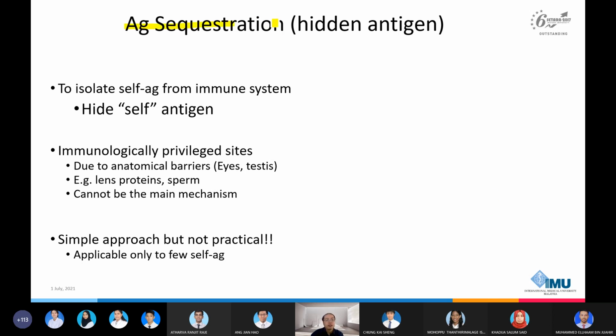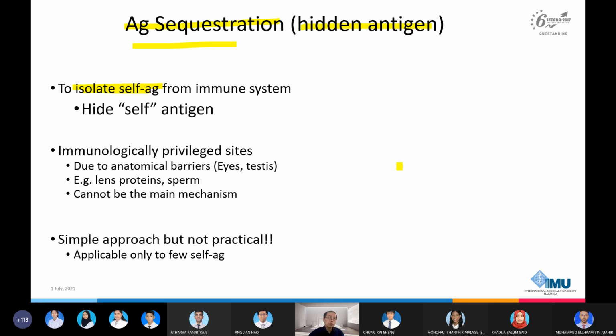So first we start with antigen sequestration, also known as hidden antigen. What happens here is that anatomically, some of our self-antigens are hidden away from the immune system, isolated from the immune system through anatomical positions.